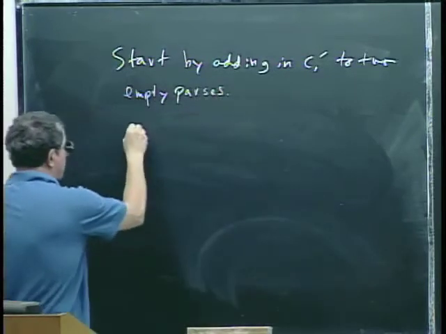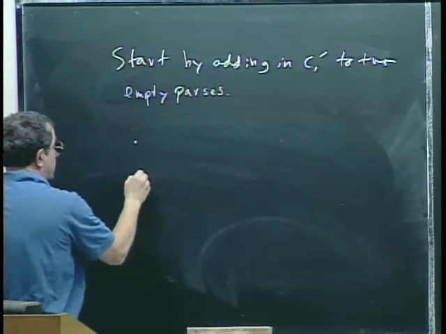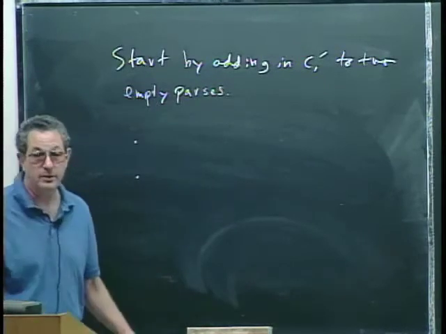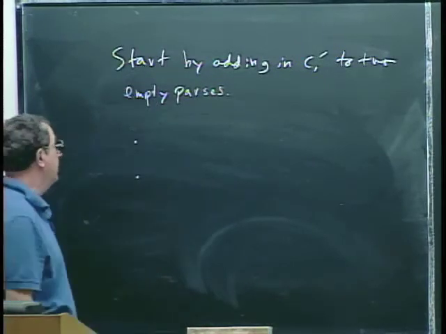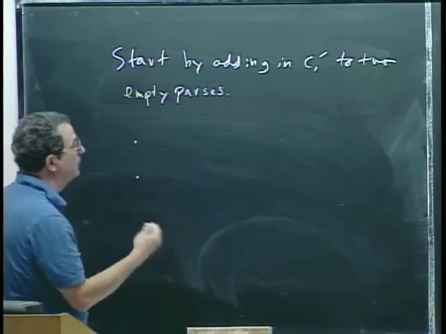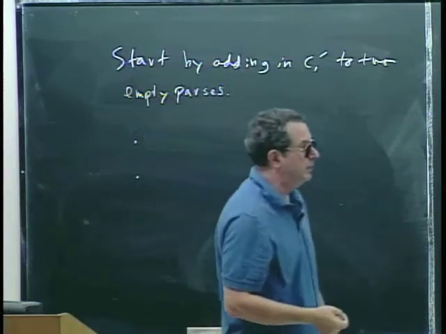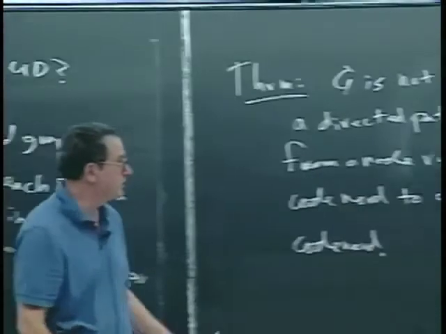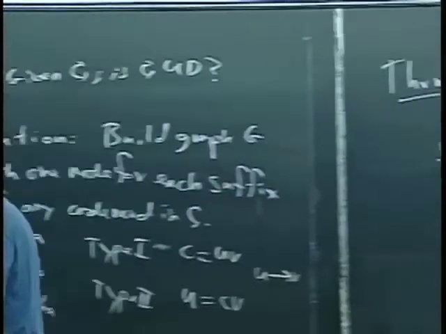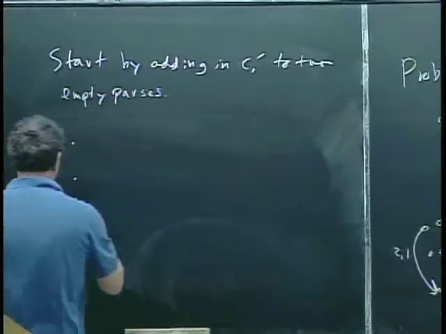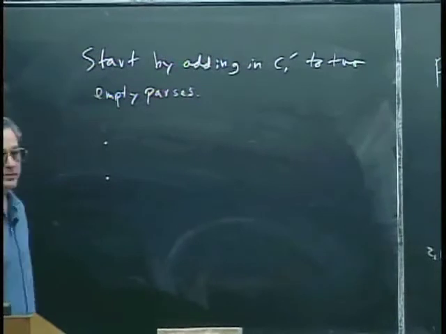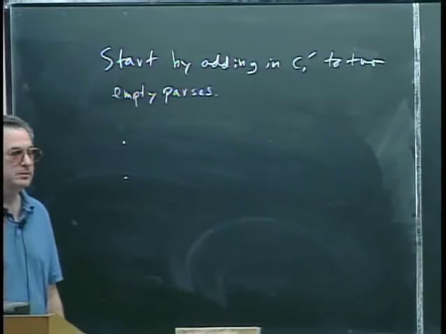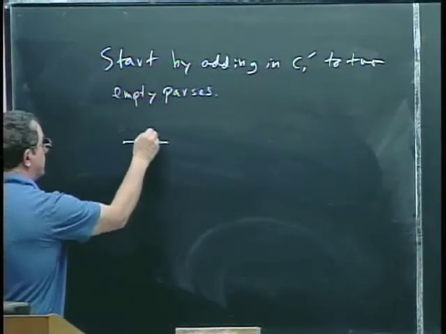So we start out with two parses that aren't going anywhere. They're just length 0, empty parses. And then you're supposed to always put in the shorter of the two next code words. But I guess this is a special case because the two parses are of the same length. And at any rate, I'm going to put in C1 prime first.